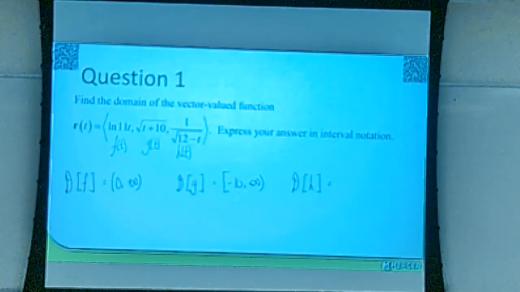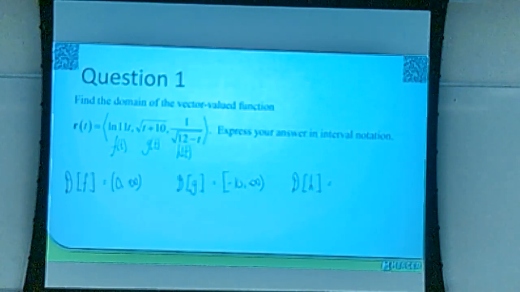That's not allowed, because it's a denominator. So 12 is not included.